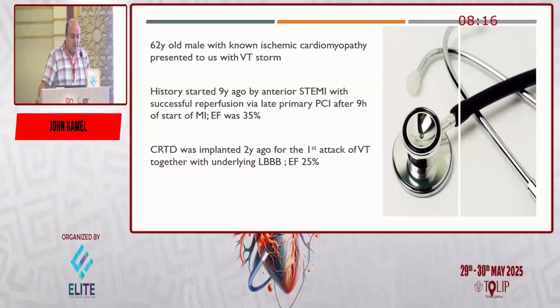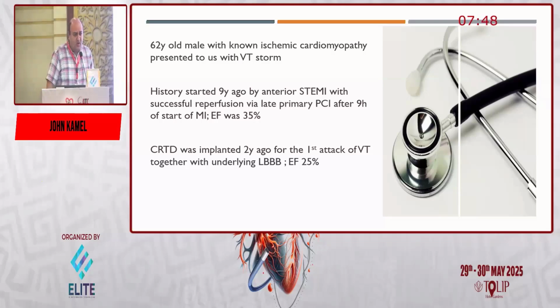A CRTD was implanted 2 years earlier than the VT ablation for the first attack of VT. So the first attack of VT came after 7 years of myocardial infarction. It was only one, and he was in left bundle branch block. So I implanted for him a CRTD for the first episode of VT.